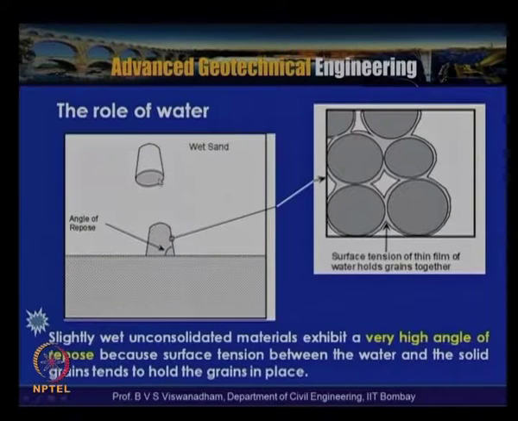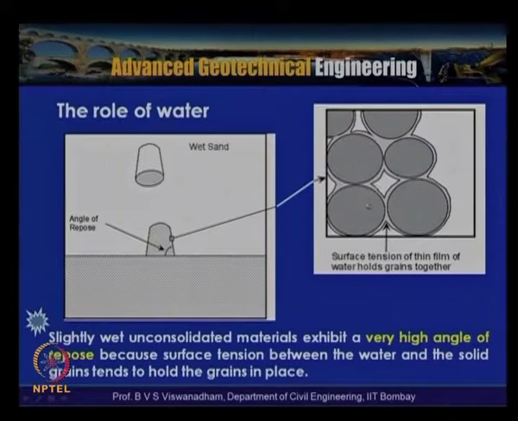This can be explained here. For example, if you take a particular mold and form a shape, when water is in contact with sand grains and forms a thin film, the surface tension of the thin film of water holds the grains together.